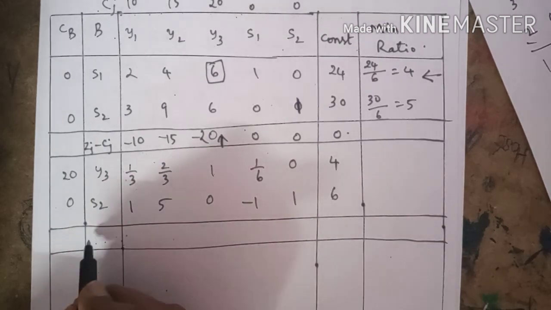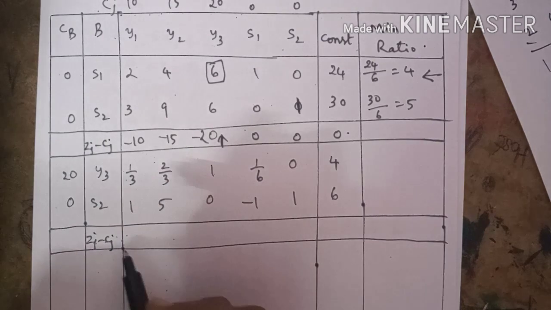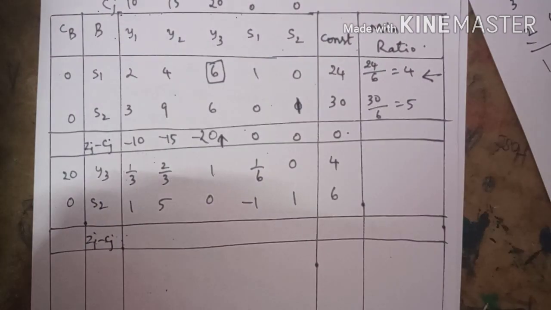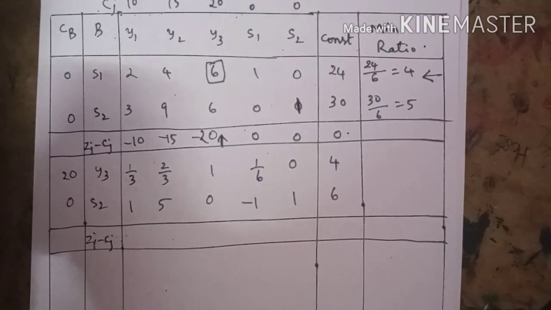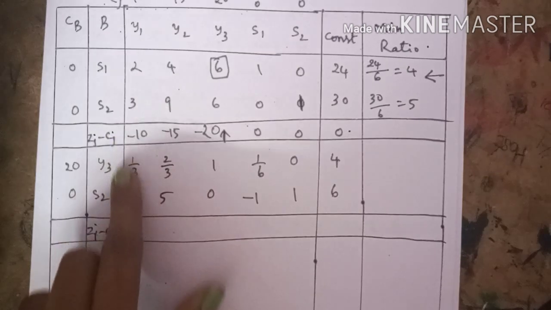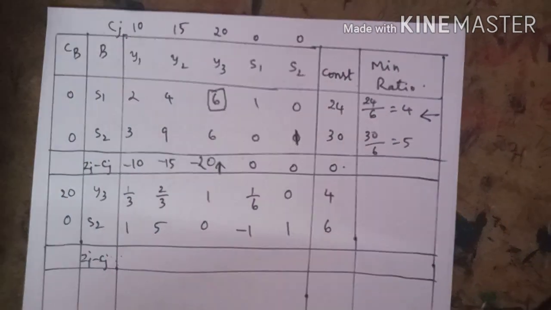Now we will find the index row using the formula Zj minus Cj. For CB column into Y1 column minus Cj, this element. Like this you have to calculate.